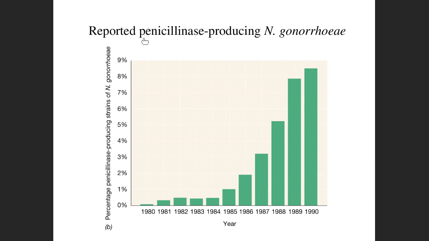So ampicillin, amoxicillin, or any of these cillins, they all have that conserved ring, and they are sensitive to these enzymes.